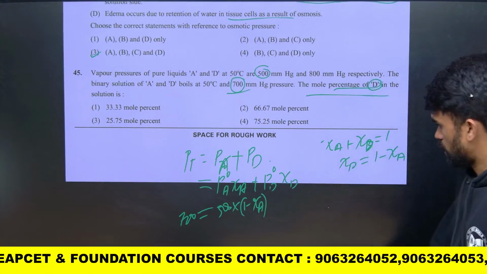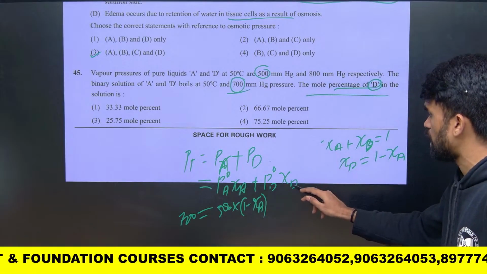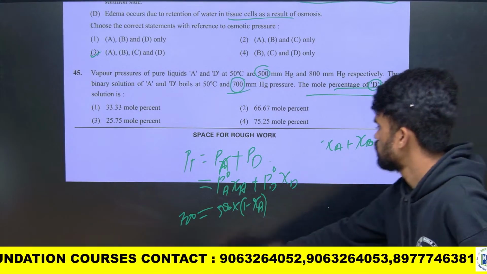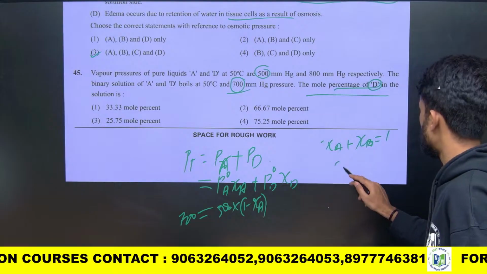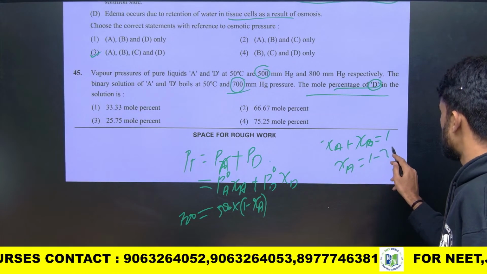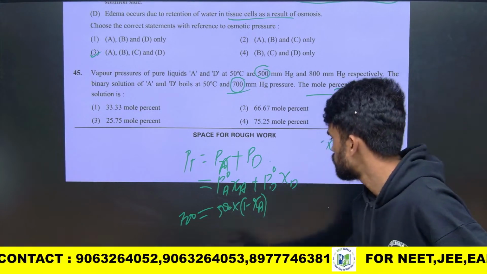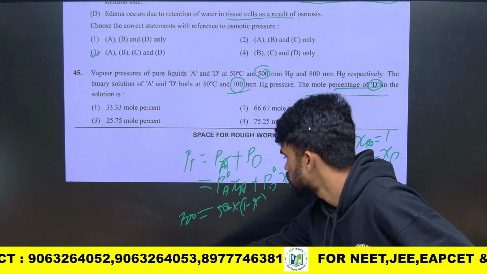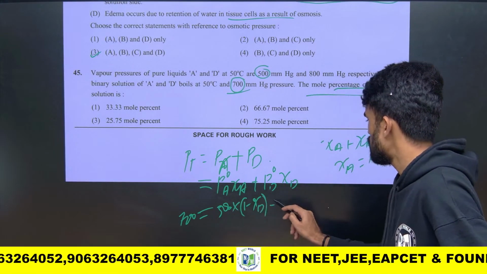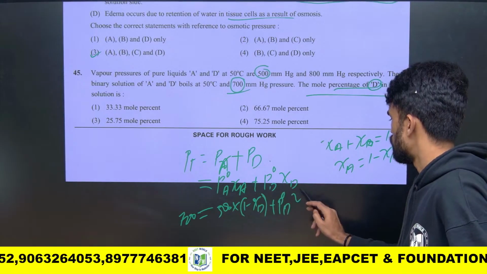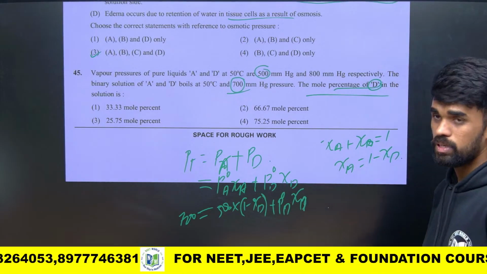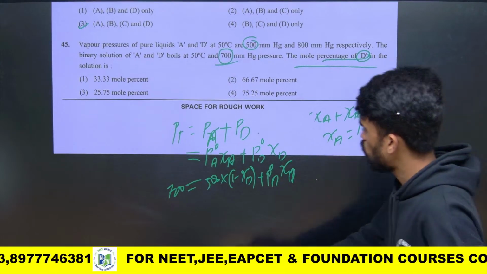Okay, wait. They are asking about chi D now. So it means I can replace chi A as 1 minus chi D. Okay, so it means here I can write chi D, plus P naught D chi D. Done. Up to here it is clear, I hope. Next, what can I do?